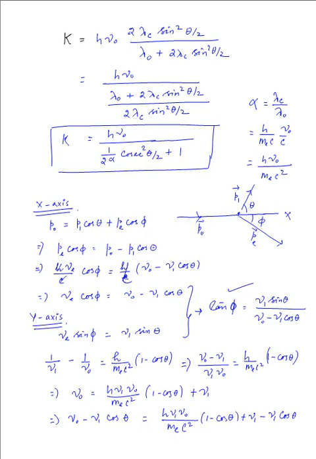So the last term, that is nu naught minus nu 1 cosine theta, will be equal to that term over there. And if you observe, h nu naught over mec squared is simply alpha. So alpha times nu 1, h nu naught over mec squared is simply alpha times nu 1 times (1 minus cosine theta).